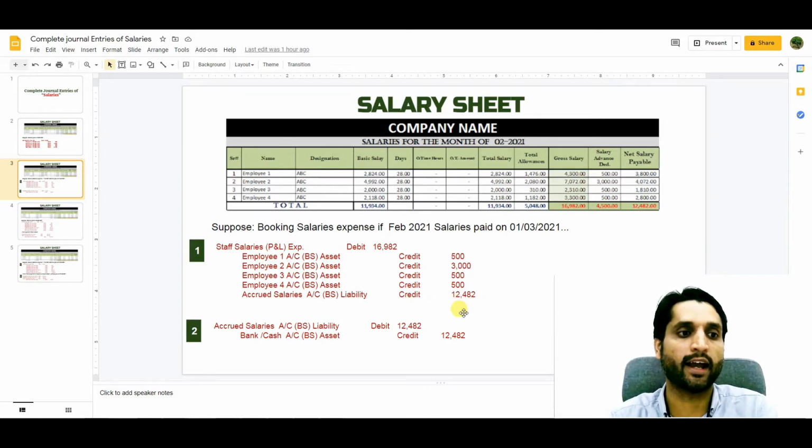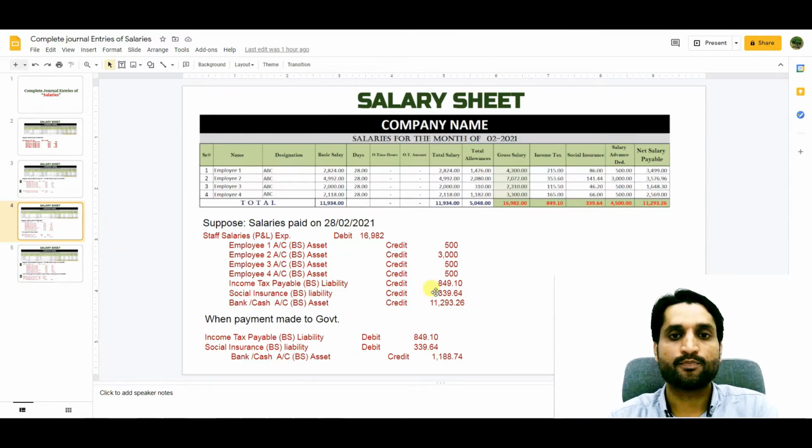Now let's move ahead and see there is a different salary sheet now. Before we were only deducting the advance like loan from the employees. Now there is an income tax and social insurance column also here, which are going to be deducted from the employees' account. Now how to treat this? Suppose salaries are paid at the end of the month. Salaries expense debit, as I told you earlier, with the total gross salary.